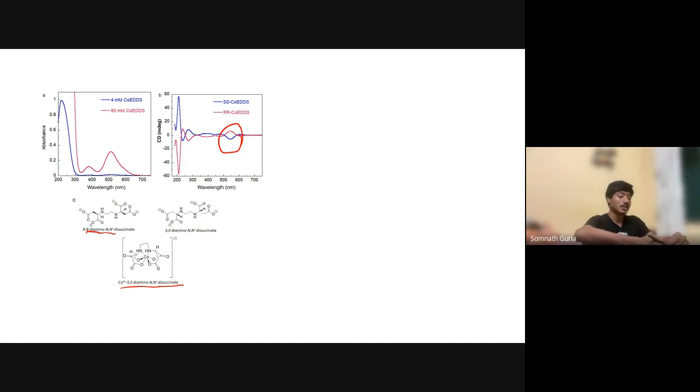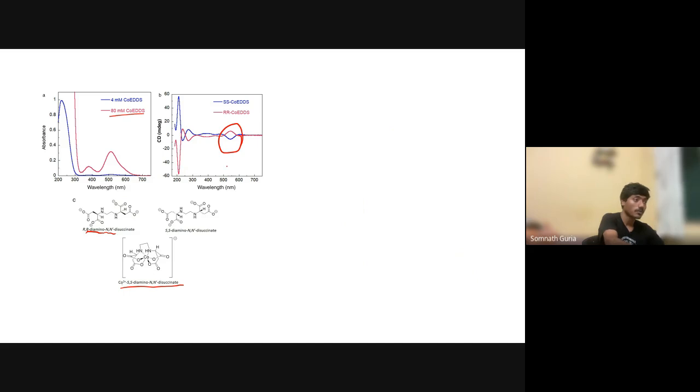So this d-d transition in the UV-Vis does not show any kind of change for all the isomers, the RR isomer and the SS isomer. But in the CD you can find the two isomers behave as different structures. One, the SS diamino one, and the other, the RR diamino one, will show different CD activity.